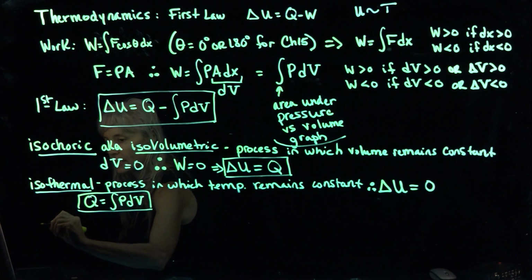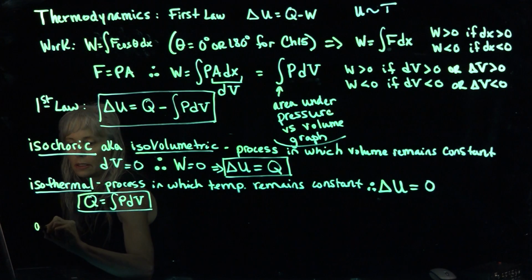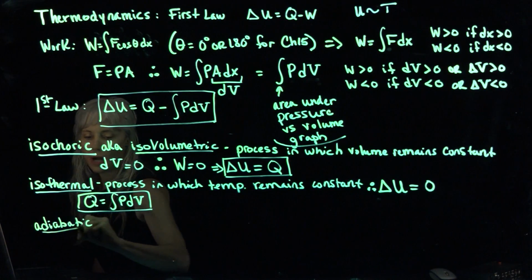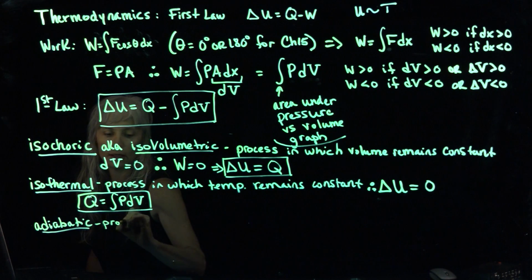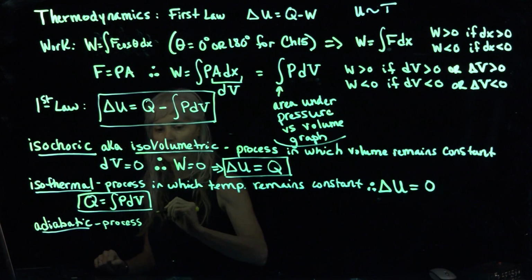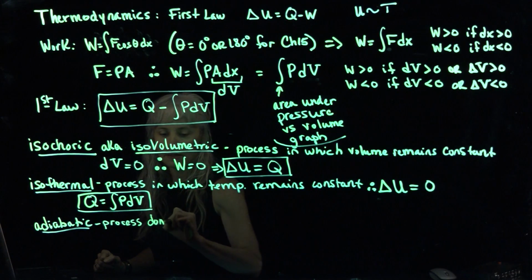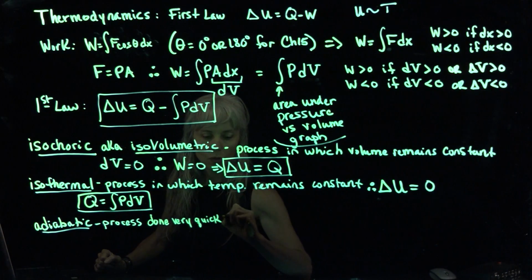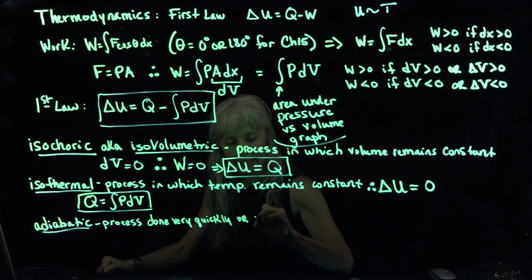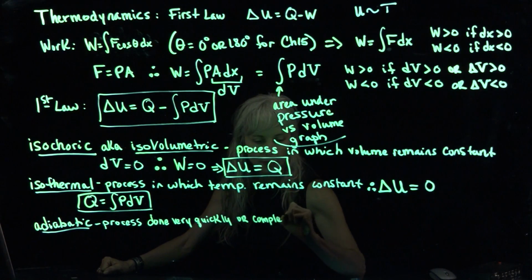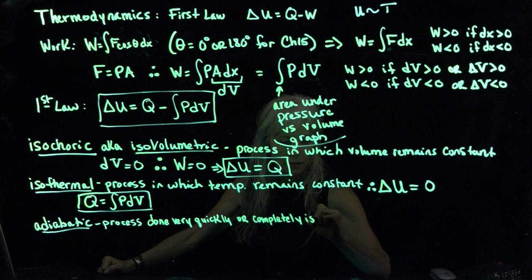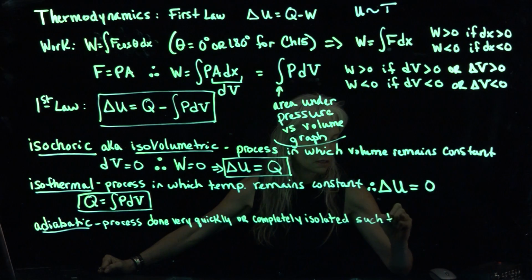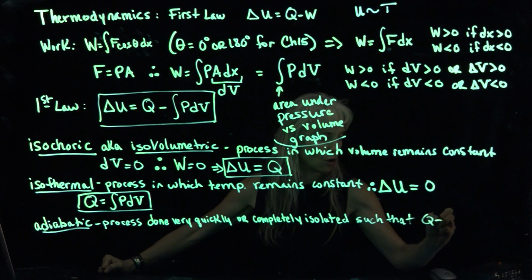Okay, another type of process is called adiabatic. And an adiabatic process is a process that is done very quickly or in a highly insulated environment. So a process done very quickly or completely isolated, such that no heat is allowed to flow at all.